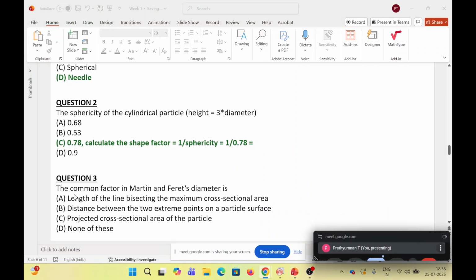So, question 3: the common factor in Martin's and Feret's diameter is. Please be careful with the words common factor. They are not asking you for the definition of Martin's or Feret's diameter. They are asking what common aspect is there in both of them.